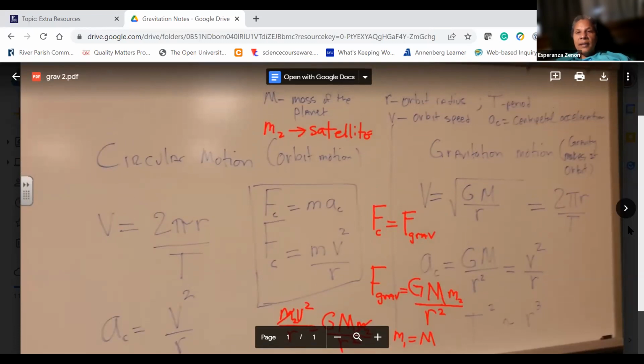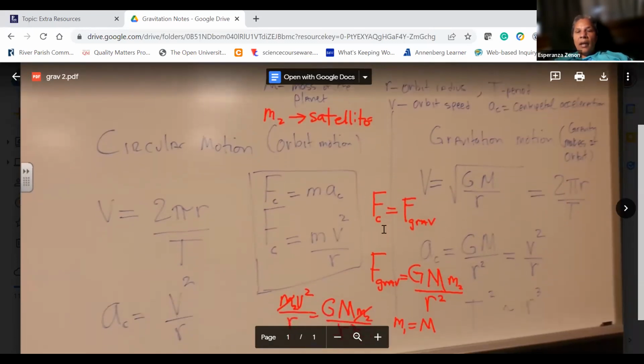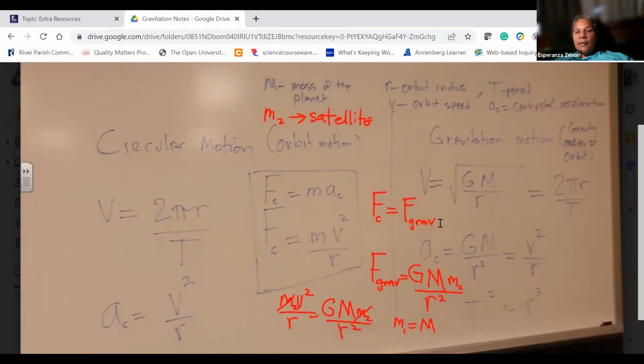Gravity. What is keeping the International Space Station in orbit around the Earth? Gravity. So this centripetal force is being provided by gravity. And that's what I'm doing here in the red writing. Fc is equal to F gravity, okay? Because gravity is what's keeping it in its circular orbit.